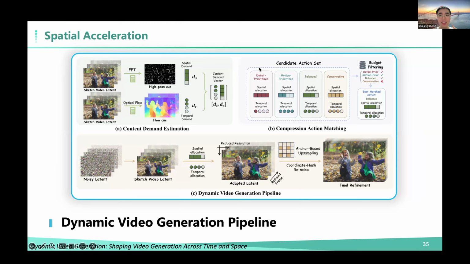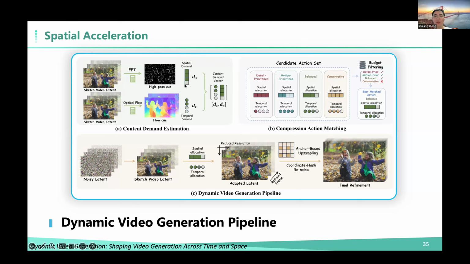So we construct a candidate action set. These actions are several ways to compress the video, some with a much larger compression ratio on temporal, and some with a larger compression ratio on spatial. Then based on the spatial and temporal demands for each prompt, we try to find the best candidate action for them.